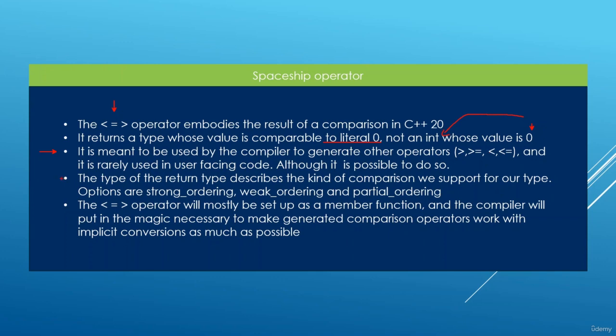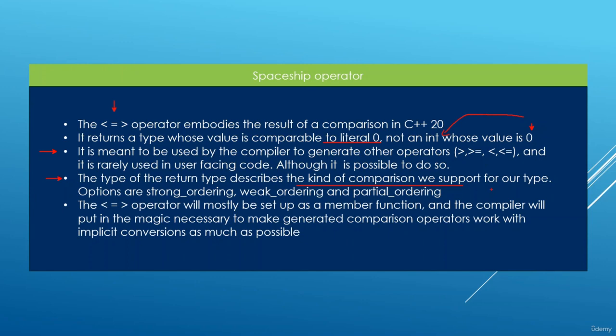So a three-way comparison is going to return a type that describes the kind of comparison we support for our type. For example, we may mean that our comparisons support absolute equality using strong ordering. We can mean that our comparisons support equivalence and not absolute equality using weak ordering.